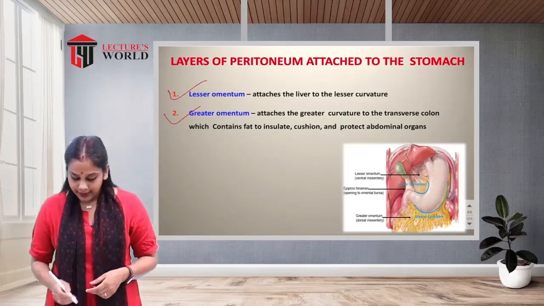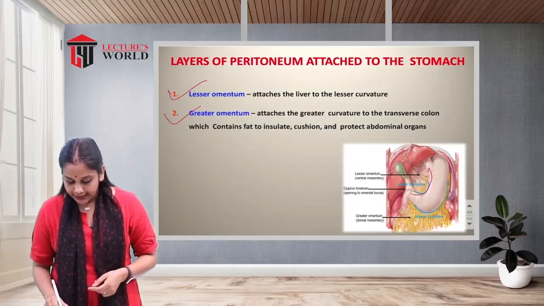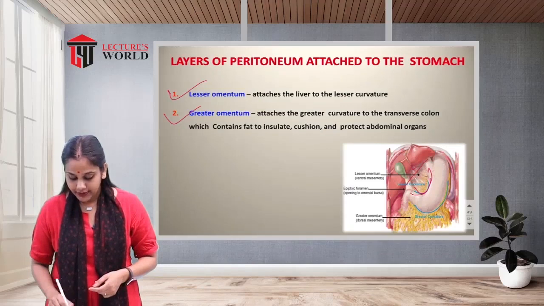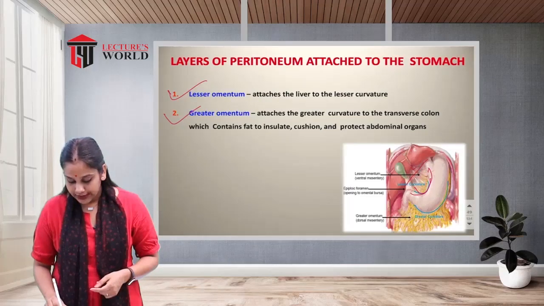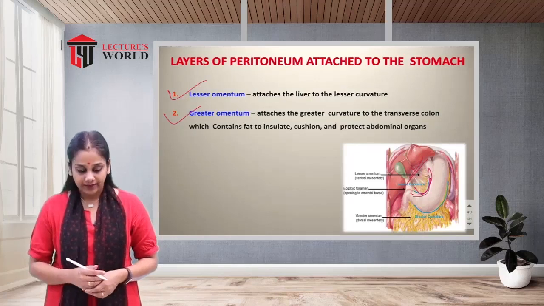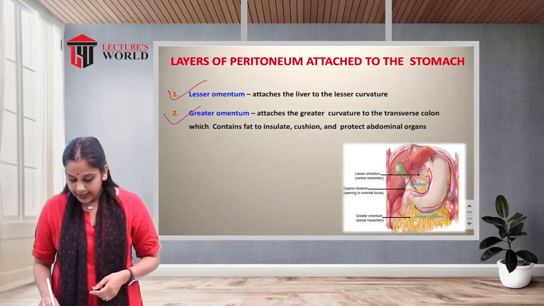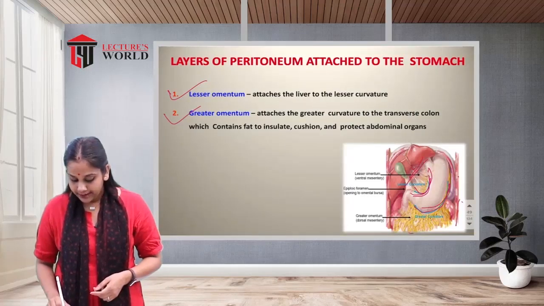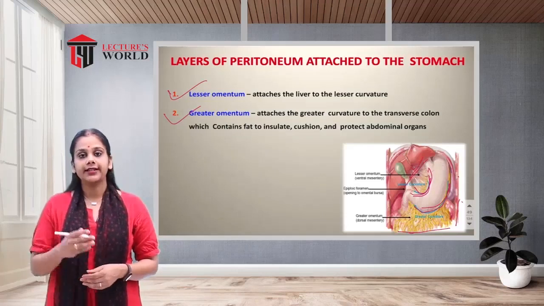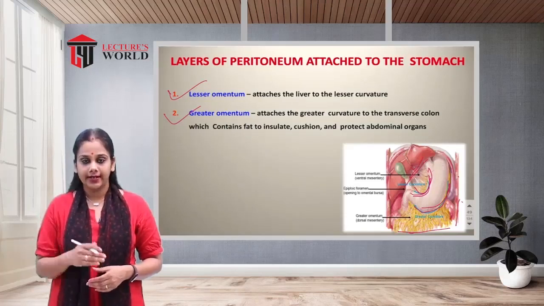The lesser omentum attaches to the liver and the lesser curvature. The greater omentum is attached to the greater curvature and the abdominal wall, as well as the transverse colon at the inferior side.